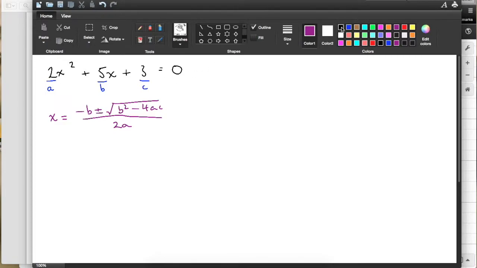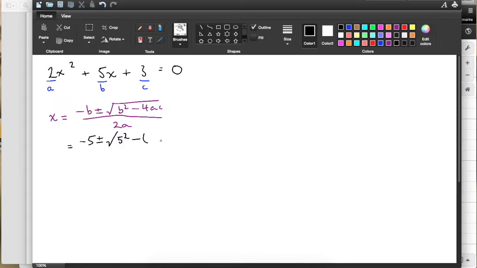Now I'm going to rewrite it, putting those numbers in, a, b, and c. So x equals, firstly we've got negative b. b is 5, so it's going to be negative 5, plus or minus the square root of b squared, or 5 squared, minus 4ac.